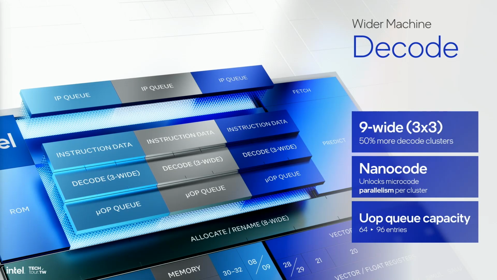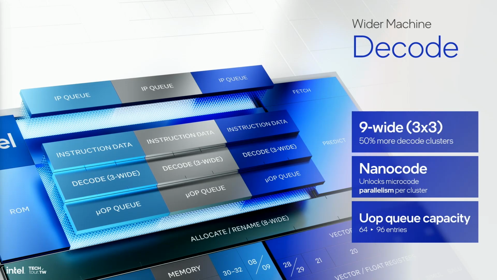So what we've done in SkyMont is we've introduced what we call nanocode. So microcode, nanocode. Nanocode is where we put decoders in the clusters that can generate UOPs for common and specific microcode flows. What this does is allow us to continue doing that decoding in parallel.